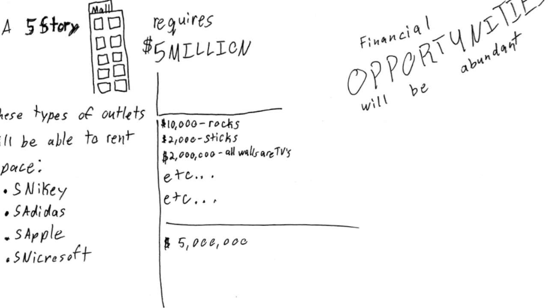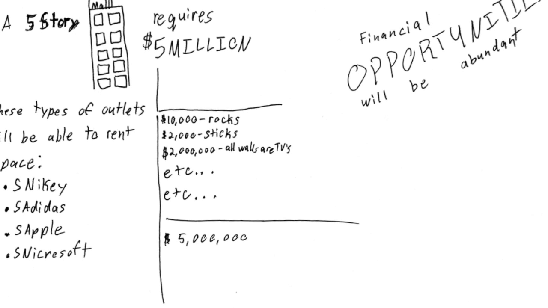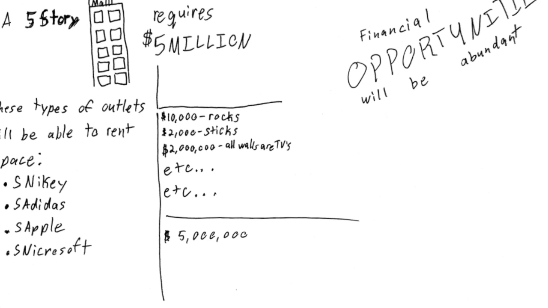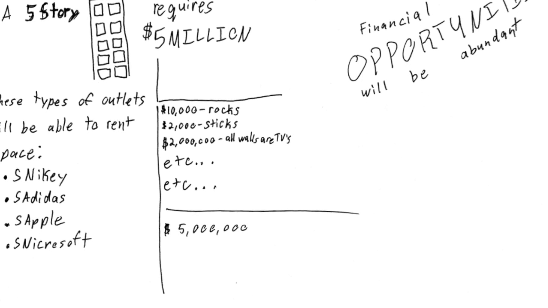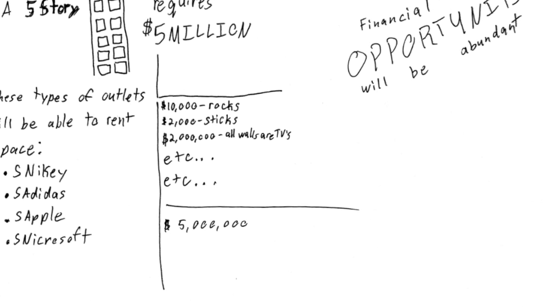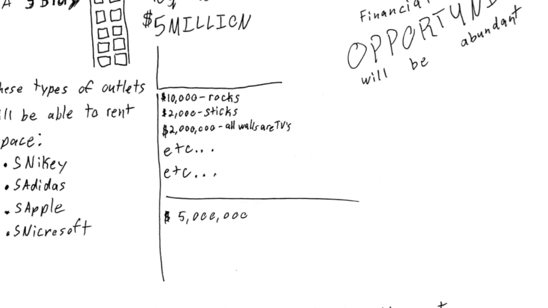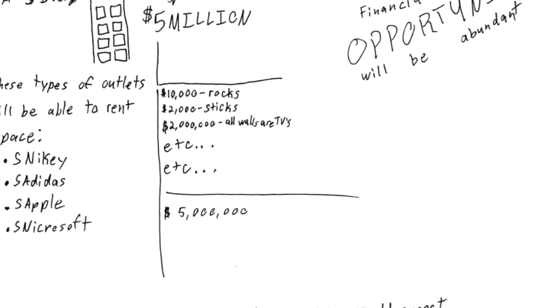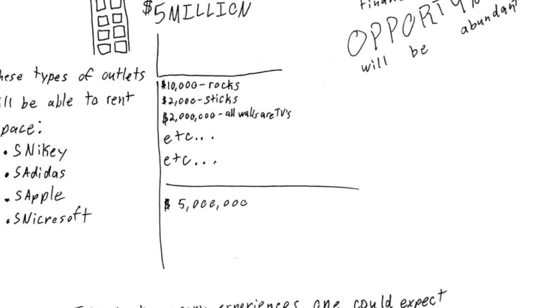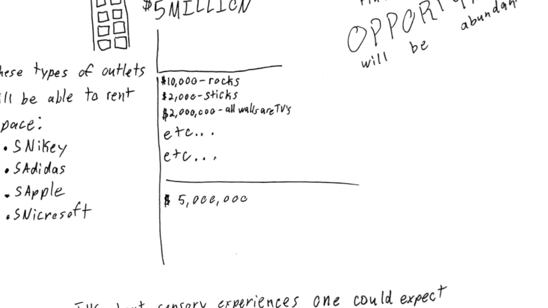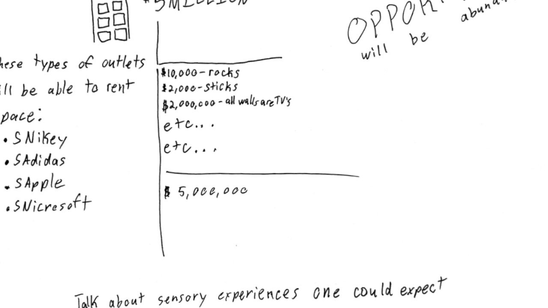If you can tell a story, like once upon a time, well, okay, maybe we don't need to start talking about once upon a time stories, but you can say, okay, we need $5 million to build this mall that's going to have these types of outlets, and it's going to be built out of rocks and sticks with televisions all along the walls, so that when people walk into this mall, they see something that looks unique and different and has cobblestone floors and ceilings with a log exterior to remind someone of the mountains.